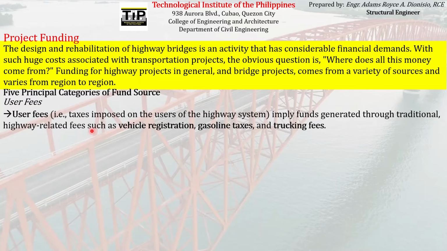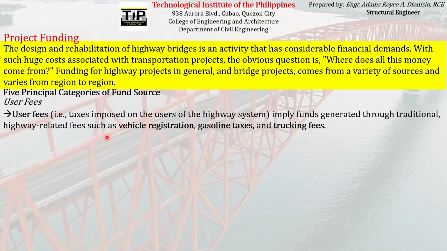So if you are a user of the highway system, like for example, if you own a car and you usually travel on that particular highway system, you are included in the users that we are talking about.